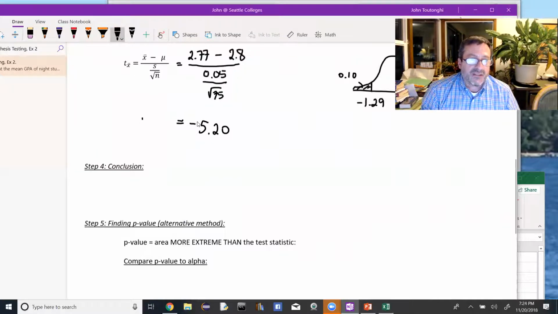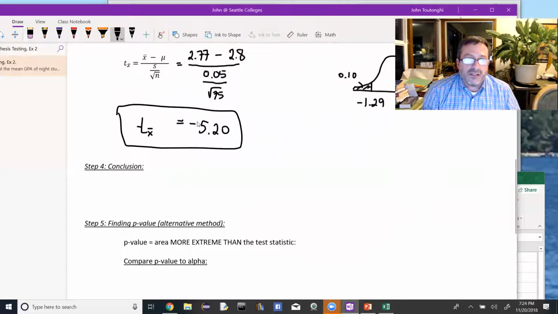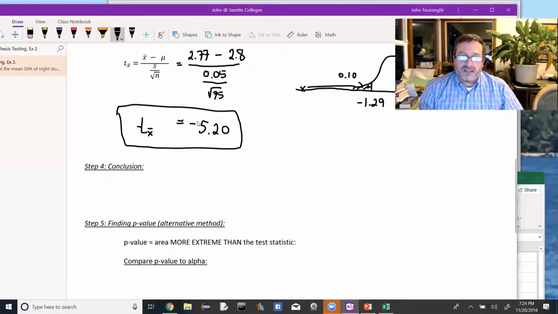That's my t for x bar. And, you know, clearly in our picture, where is that? That's way over here. Really far over there. So this is in the tail, for sure.